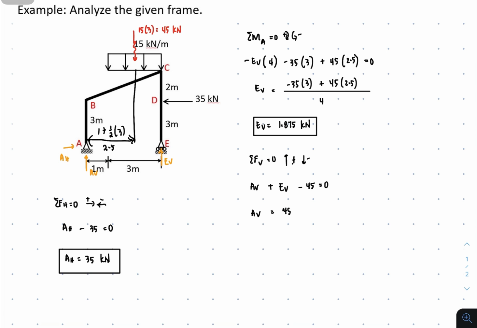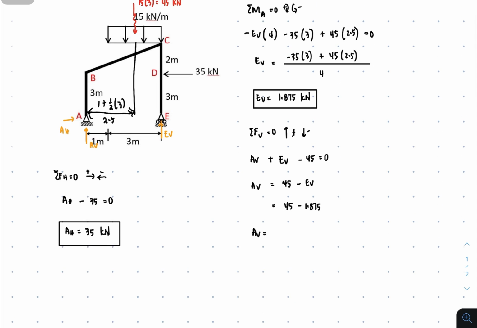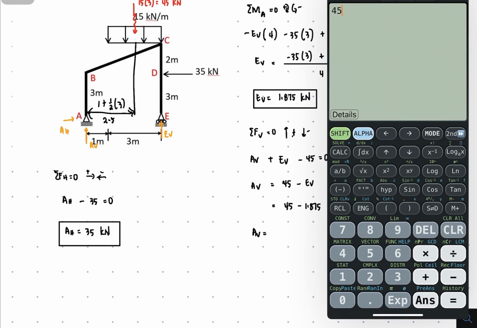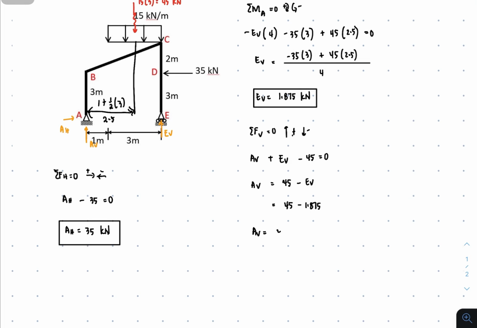So it's going to become 45 minus EV. But EV is 1.875. So your AV is now 45 minus 1.875, 43.125 kilonewtons.